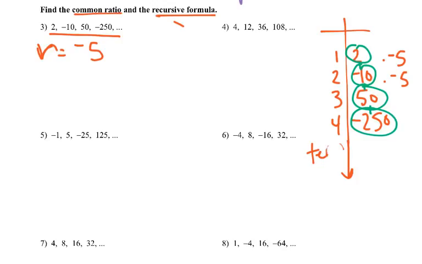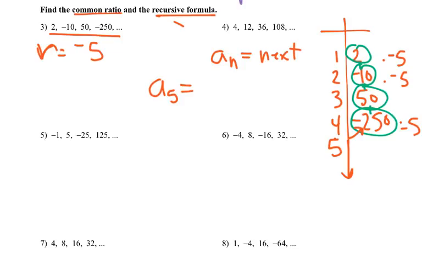To find the next term, recursive is all about finding the next term. To find the fifth term, which would be the next, we go back to the fourth term and we times it by negative 5, which gives us our next number. The way we write that, we go a sub n, which stands for our next term. a sub 5 is what we're looking for. Well, we would need the fourth term, so we would need a sub 4, and then we'd need to times it by negative 5.